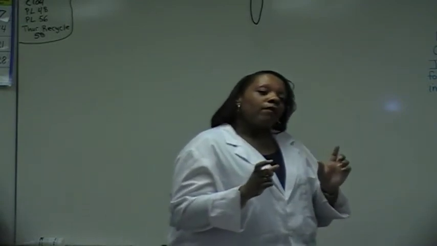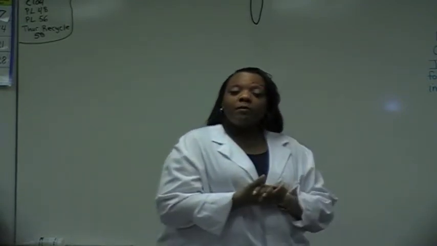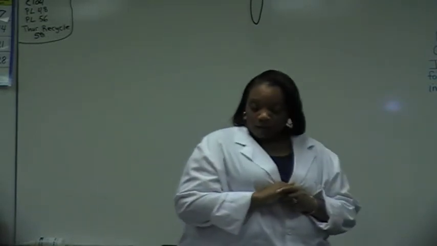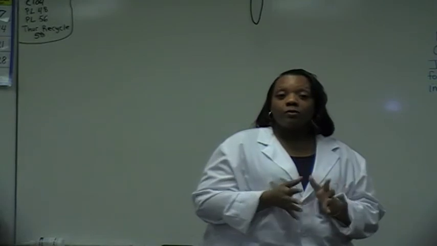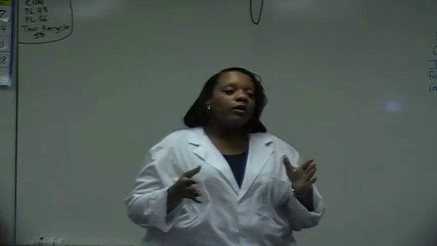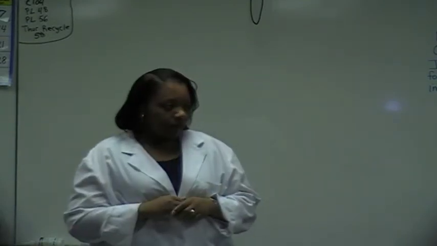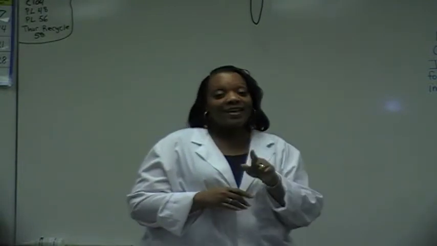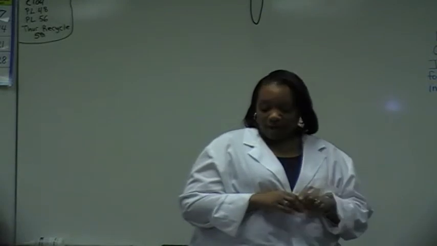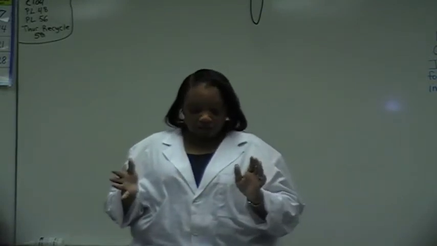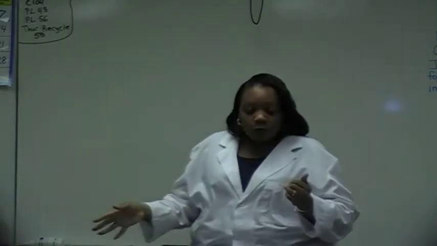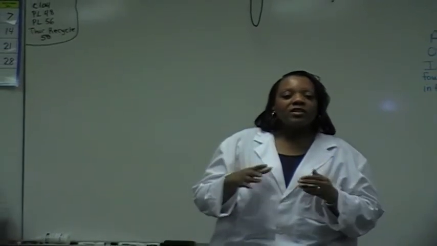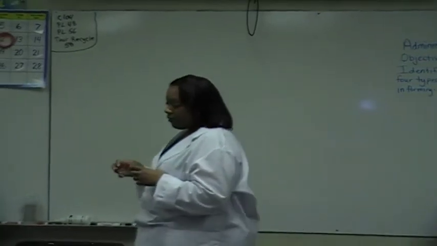If I were to tell you that pre means before, natal means birth, and the suffix al means pertaining to, what would prenatal mean? Before birth. Pertaining to before birth, because we had the al, the suffix. So I'm going to show you just a few words, and we're going to go through them really fast, but you'll begin to see how to put those words together.